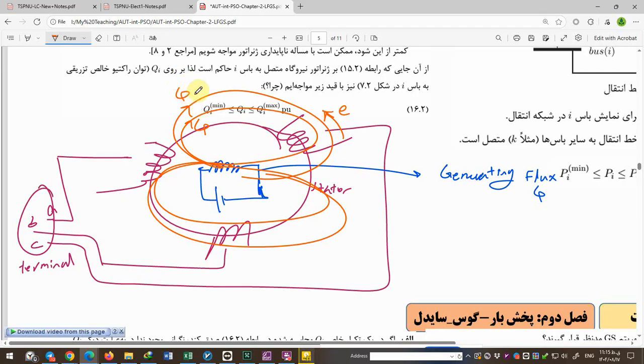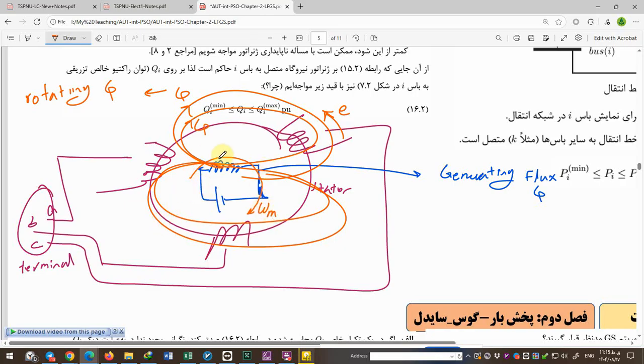This phi is a rotating phi, because the windings of the rotor turn with the speed of omega m.